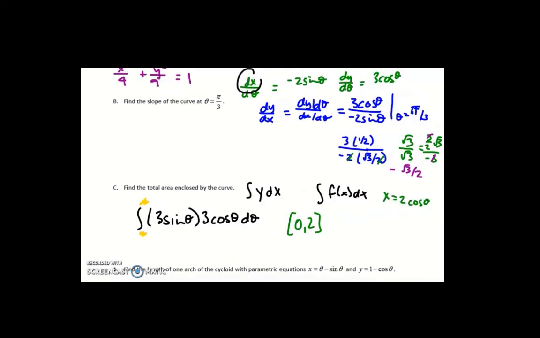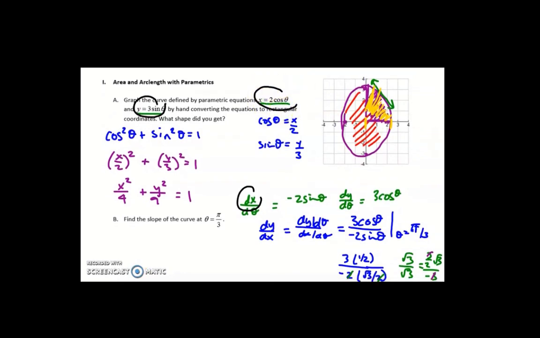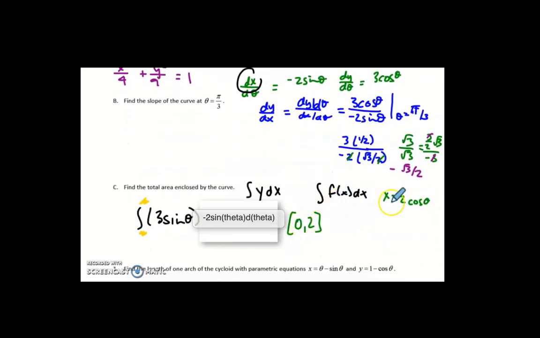Let's just go up and confirm that we had that right. X equals 2 cosine theta. So if I plug in 0 for x, I get 0 equals 2 cosine theta. And where is cosine theta equal to 0? Well, at pi over 2.